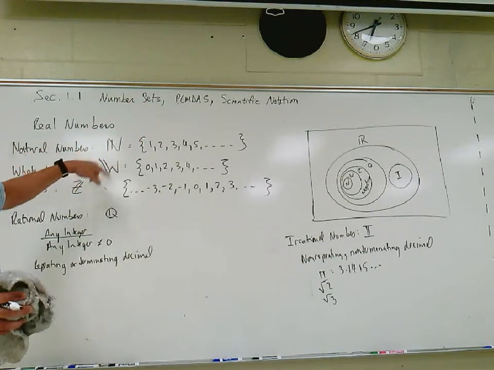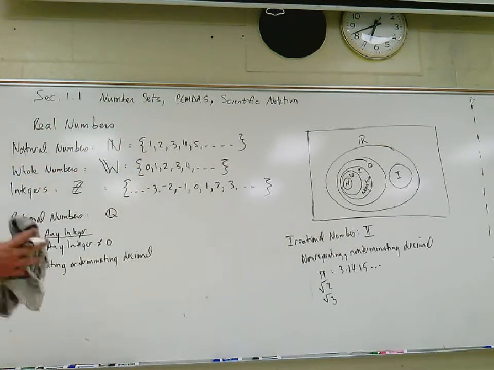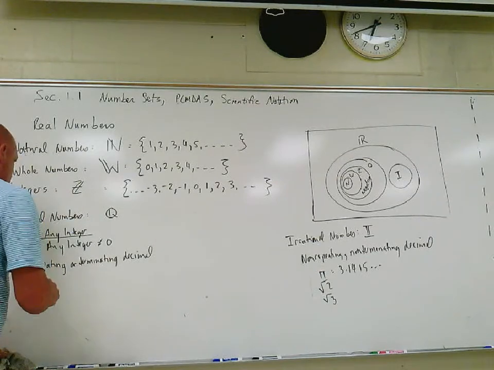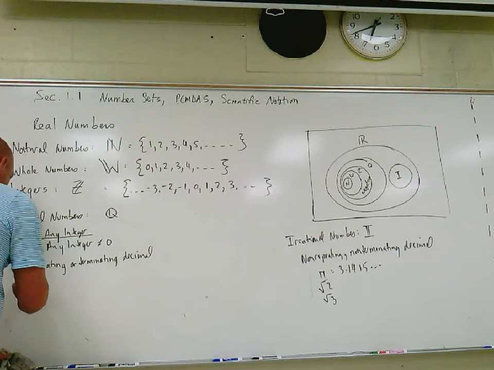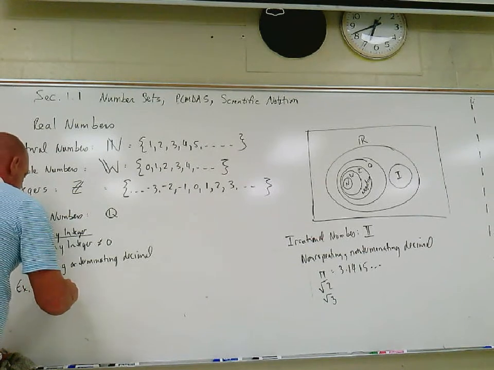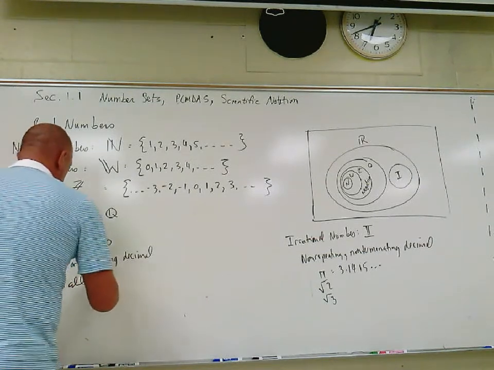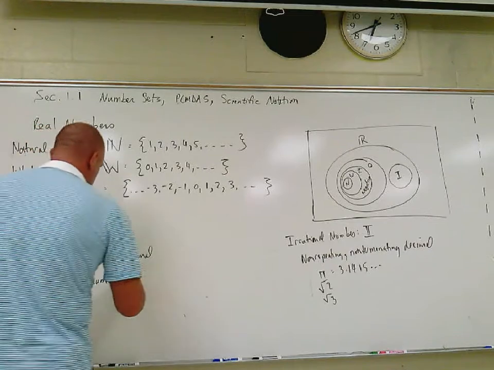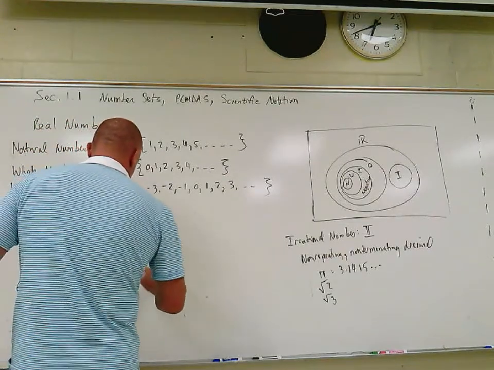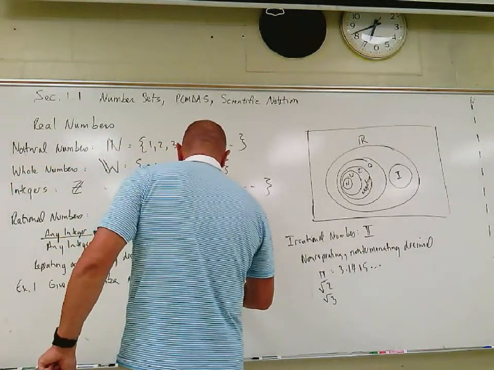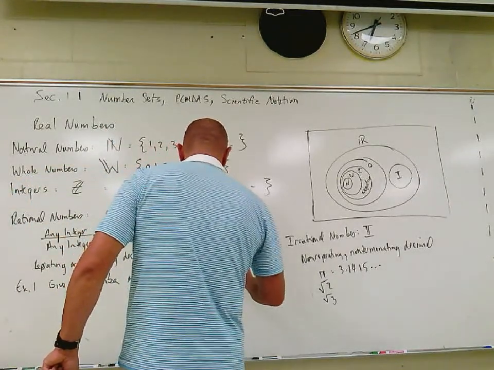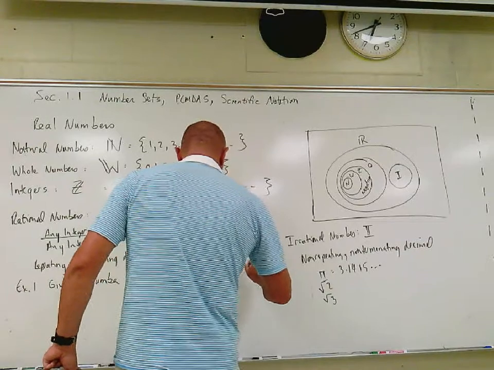So I'm gonna give you a number, you tell me what all sets it belongs to. Oh, on these, don't worry about real, because they're all gonna be real numbers. So example 1, give all number sets that each number belongs to. All right, ready?